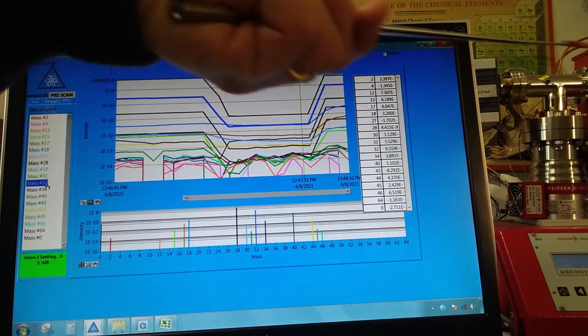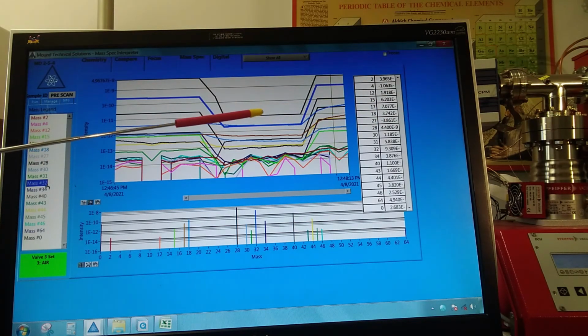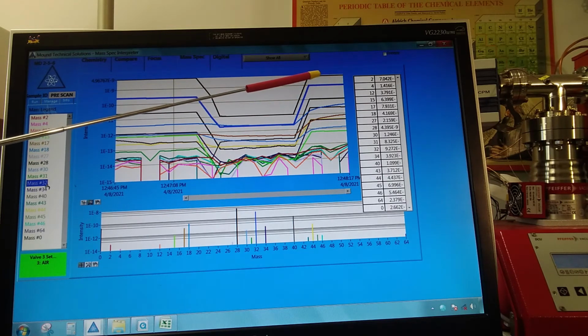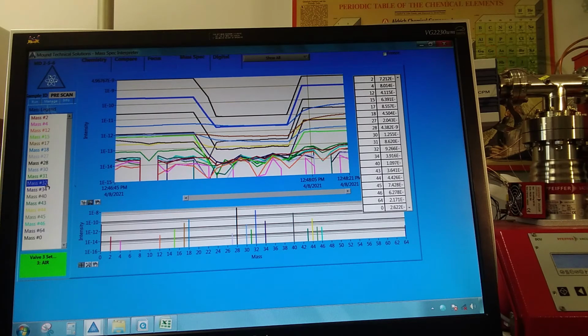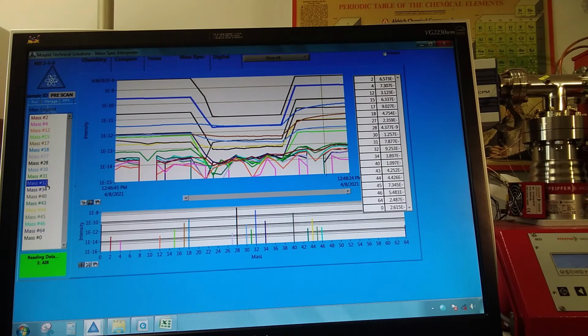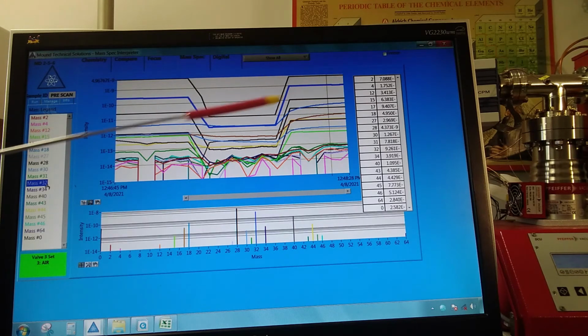So we're out here in the air, and we see that the highest plot at that point is the black trace. The black trace is associated with mass 28. Mass 28 is our nitrogen component. The second highest plot is this blue trace.